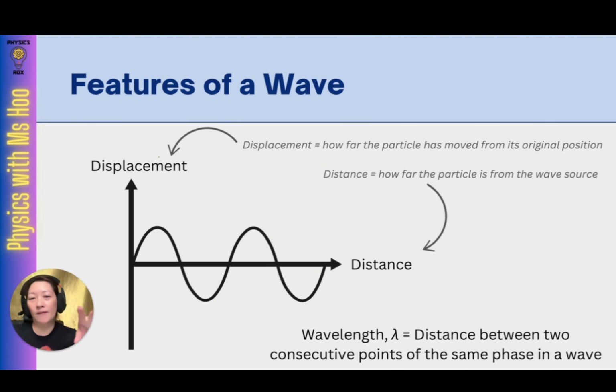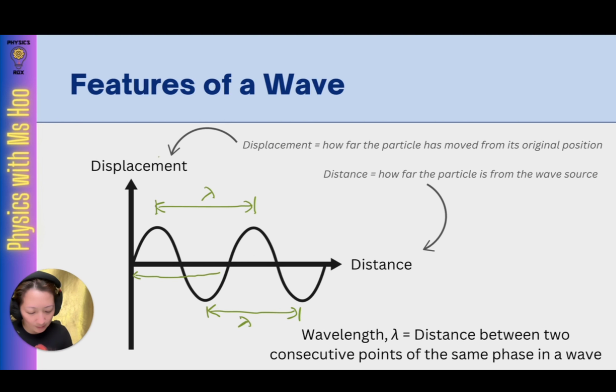Now, if you have a graph like this, because it's a displacement-distance graph, you cannot get the period because this is not the time. Instead, you can get the wavelength because remember, a wavelength is the distance between two consecutive points of the same phase in the wave. Or you could measure it between two consecutive crests or two consecutive troughs. So you could measure wavelength from crest to crest, trough to trough, or for one complete cycle from middle to the next middle.